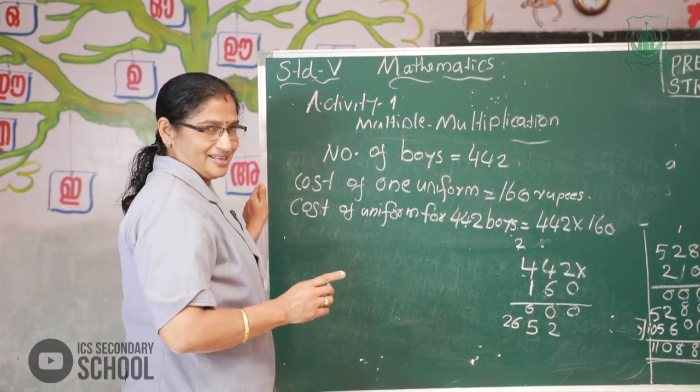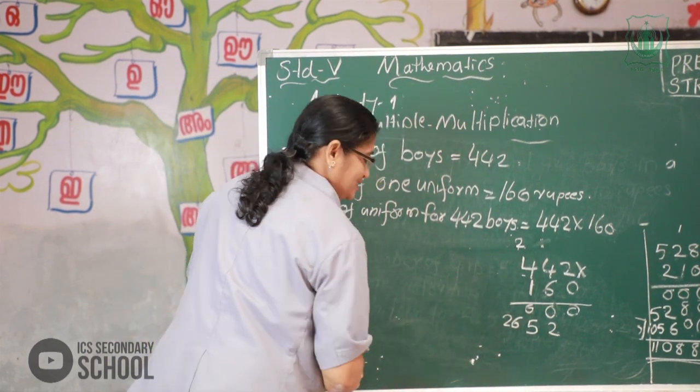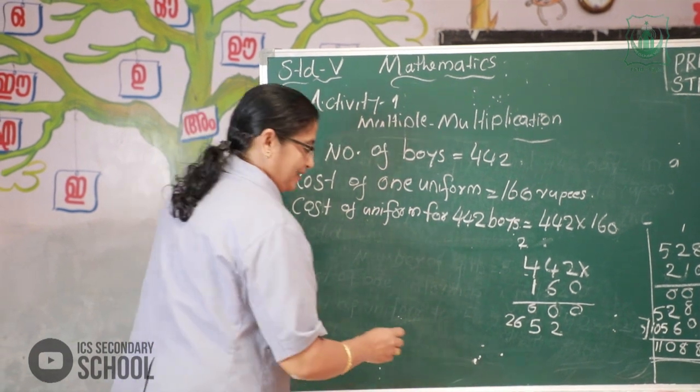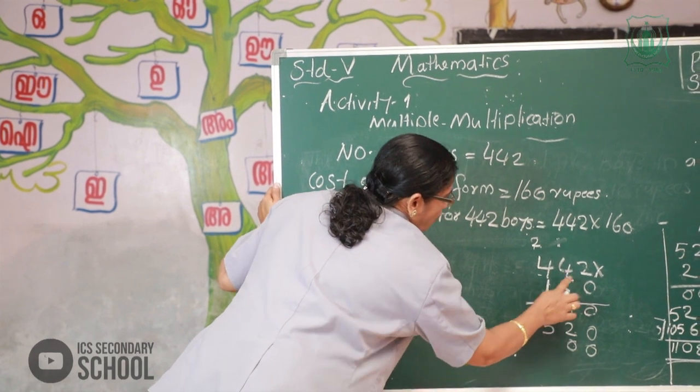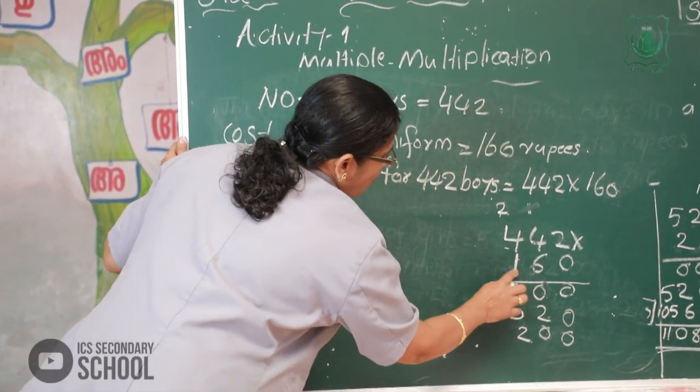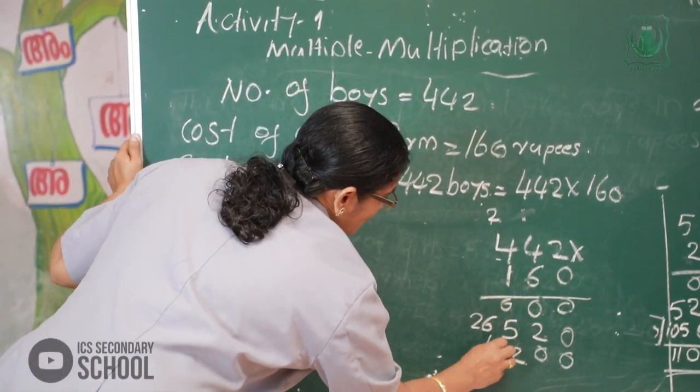Okay, got it. Next hundreds place number 1. 1 2s are 2. 1 4s are 4.